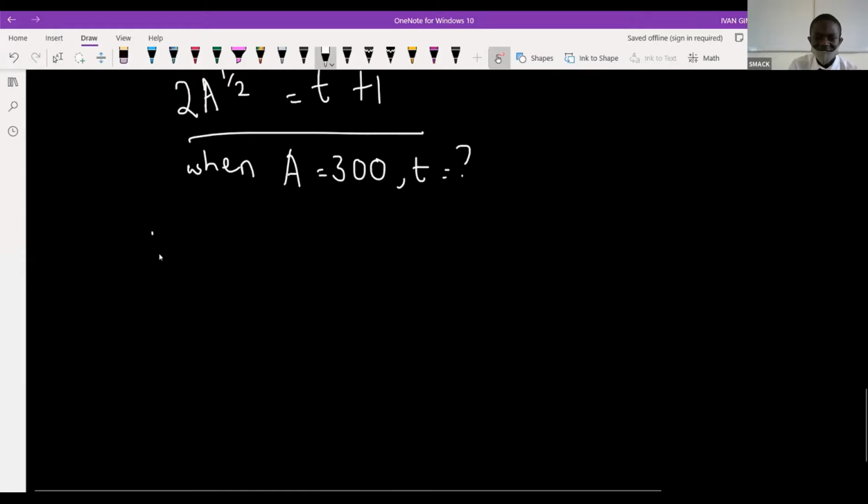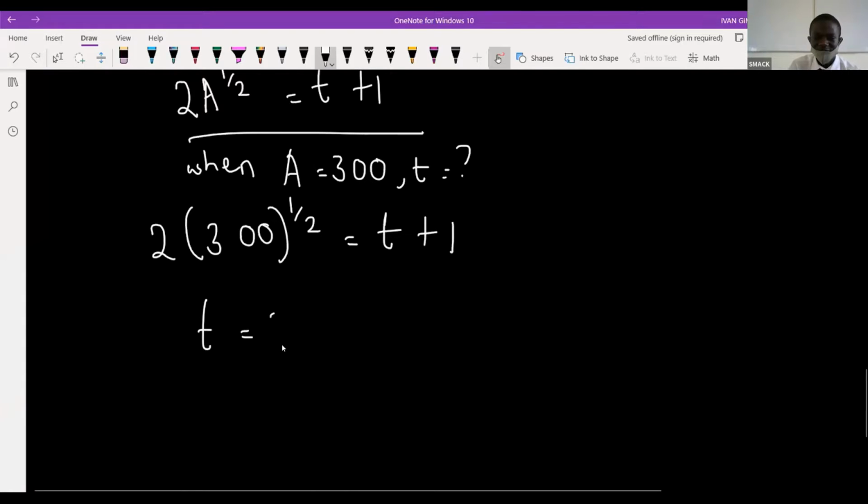So it will imply that 2 times 300 to the power half is equal to t plus 1. Make t the subject: t is equal to 2 times 300 to the power half, minus 1.